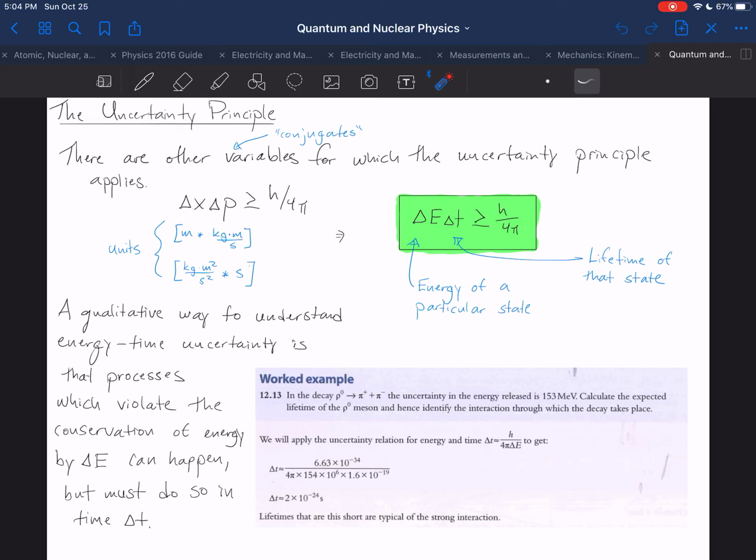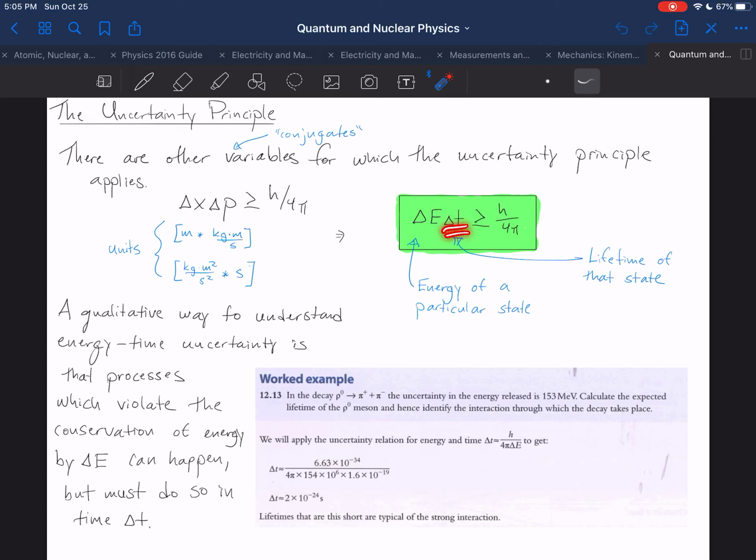Now, it is really important to recognize that unlike position, momentum, and energy, time is a weird variable to be in the uncertainty principle in the same way that delta x and delta p are. Energy makes a little bit more sense. If you take a measurement of the energy, it will be within a certain range, with a certain probability.